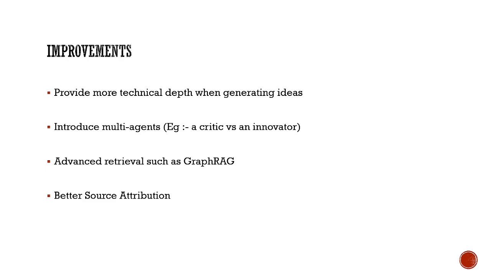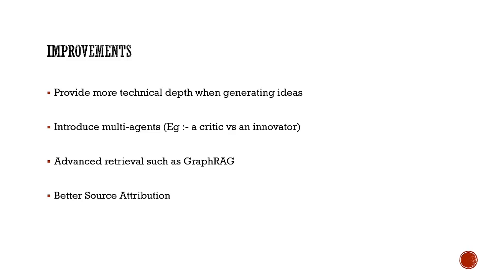Some of the improvements that could be done with respect to this architecture is that the output is not really technically deep, so maybe the technical depth of the output generated by the application can be improved, such as with mathematical equations, and so on. Also, right now this application is a single agent, so I'm thinking to make it a multi-agent application, for example, a critic versus an innovator.